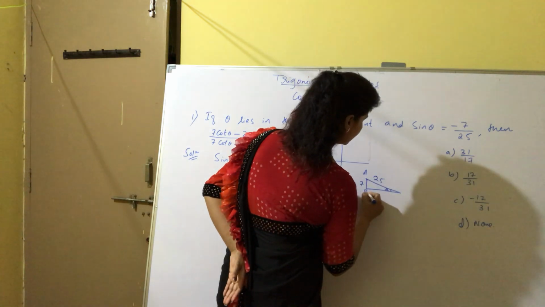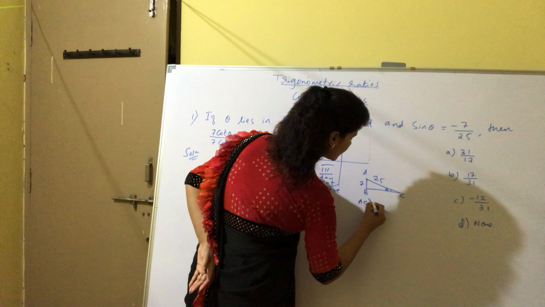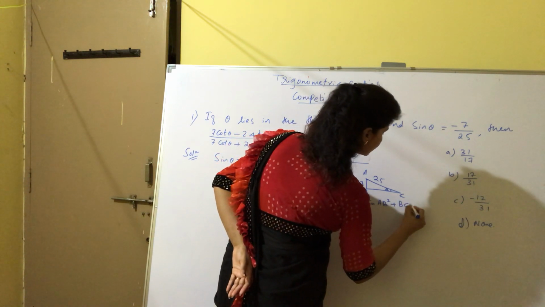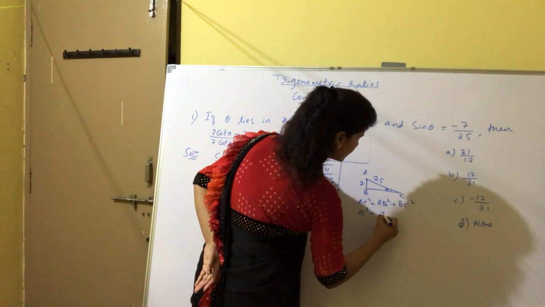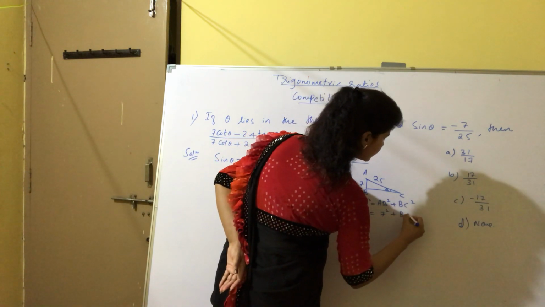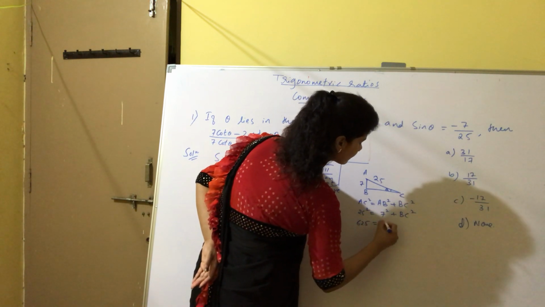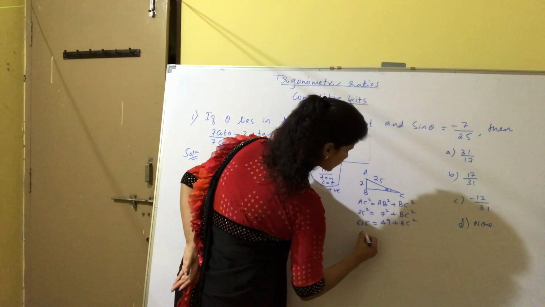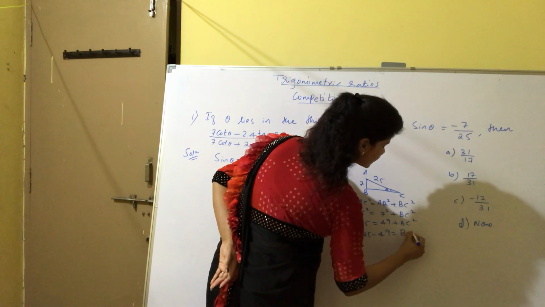So in a right angled triangle ABC, AC square is equal to AB square plus BC square. AC is 25, AB is 7, BC is unknown. 25 square is 625, 7 square is 49, BC square. 625 minus 49 is BC square.